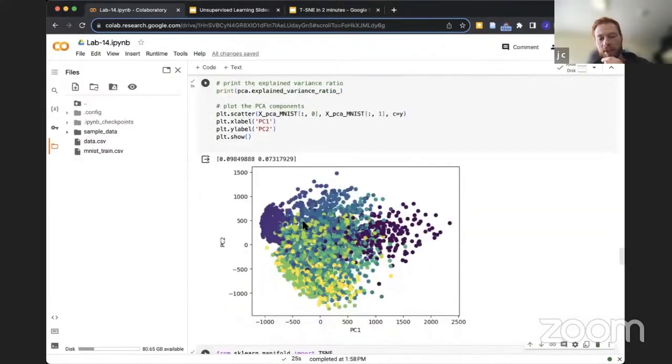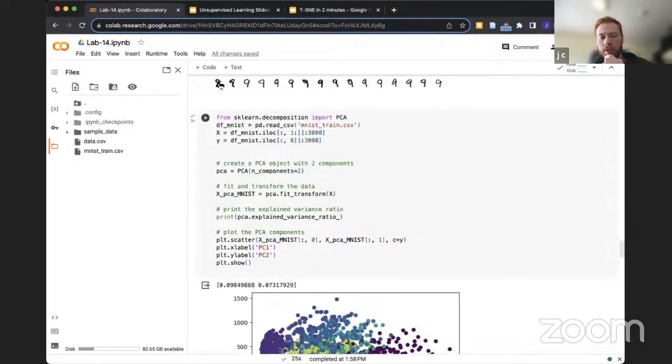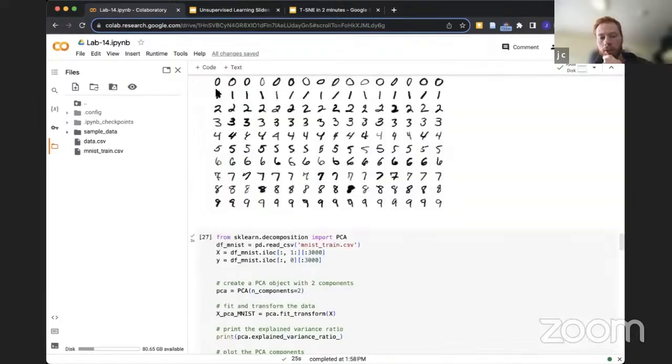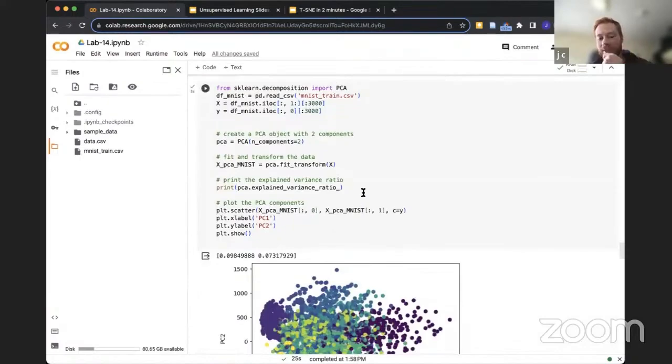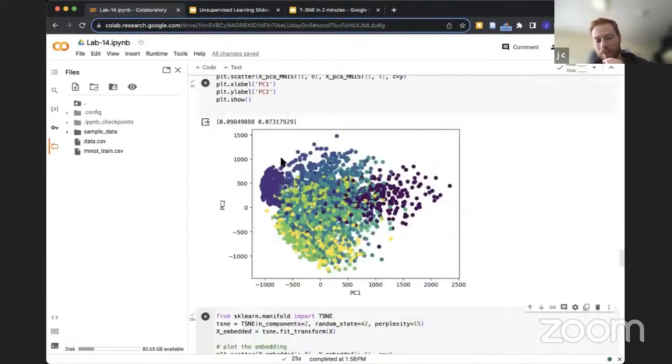Essentially it shows that PCA is not able to pull the different clusters of numbers apart. We have essentially 10 classes, 0, 1, 2, 3, 4, and so on. The different colors are the labels already, and yes, we see some clusters of labels, but in unsupervised learning we usually don't have these labels.